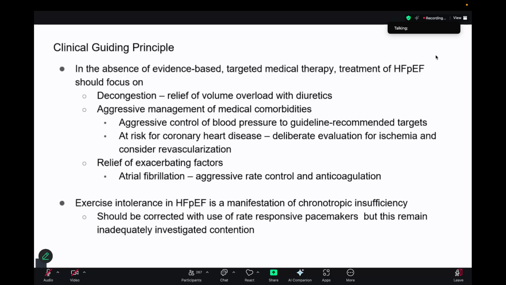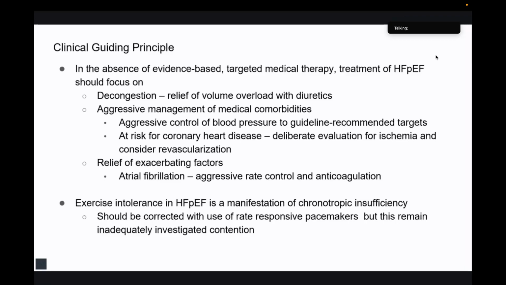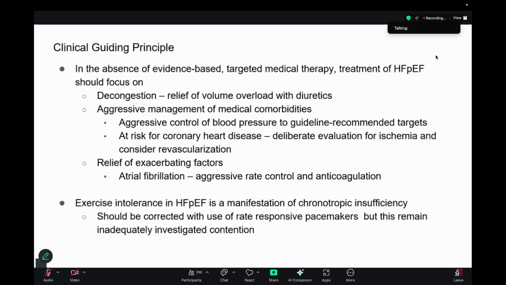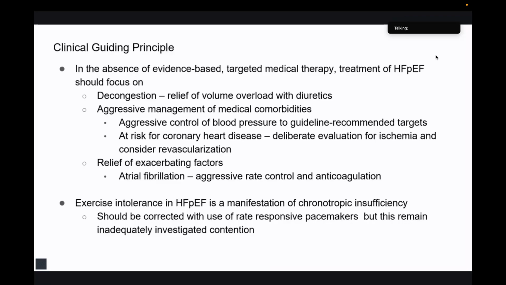Basically, the clinical guiding principle in management of HFpEF is that in the absence of evidence-based targeted medical therapy, treatment of patients with HFpEF should just focus on decongestion by relieving the volume overload with diuretics, aggressive management of medical comorbidities such as aggressive control of BP to guideline recommended targets, aggressive management for at-risk coronary artery disease, such as you must evaluate if ischemia is present and reconsider revascularization.